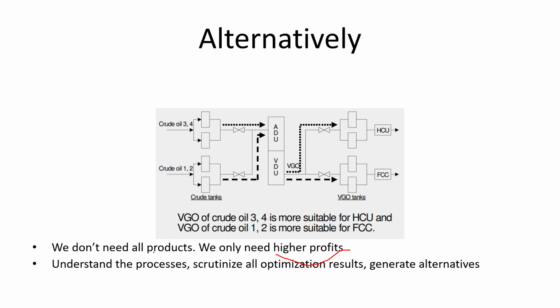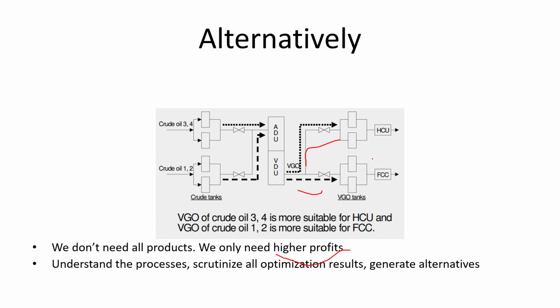So you don't need to produce all products, you don't need to satisfy all demands. If those demands are contract-based, yes, obviously you have to fulfill that contract, but then for the rest of the products, the rest of the streams, you can do whatever you want in such a way that you maximize the profitability of the plant. And then from that you generate the alternatives. You can go here, you can go there, so up to you.